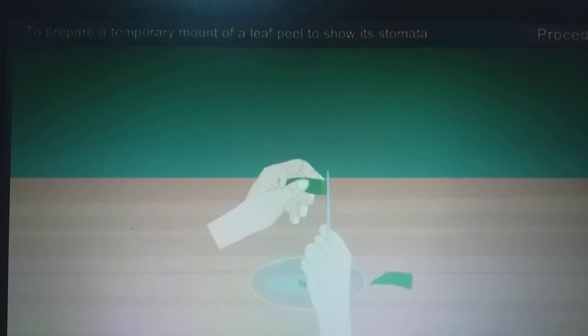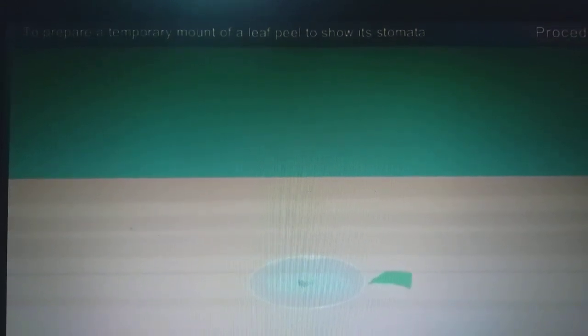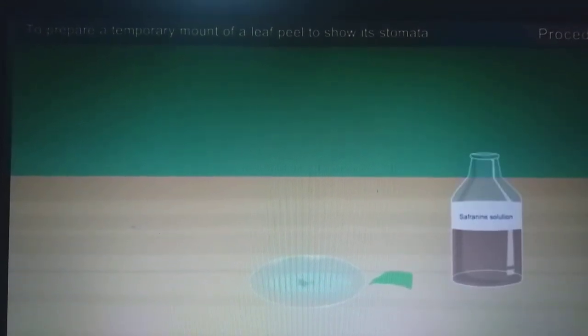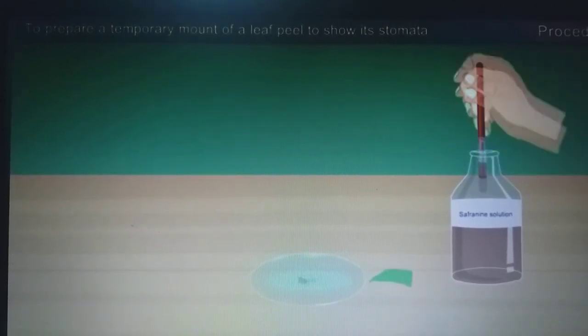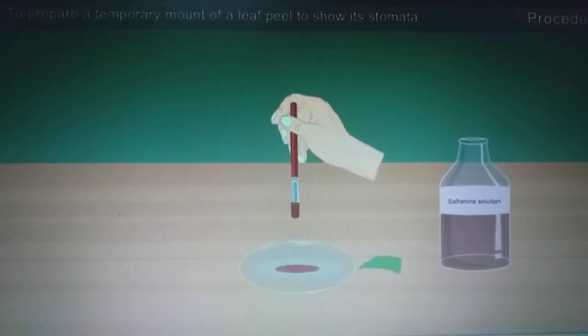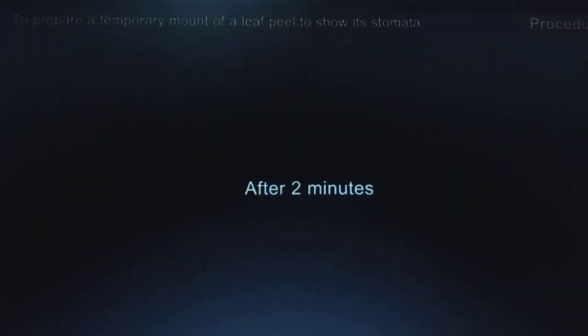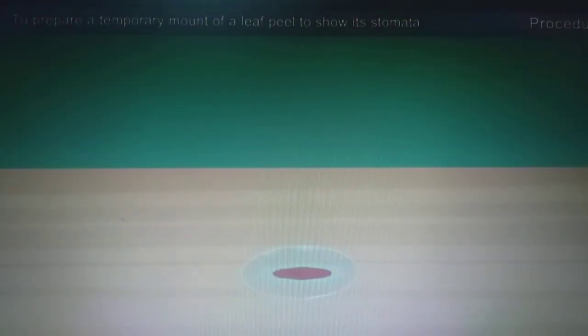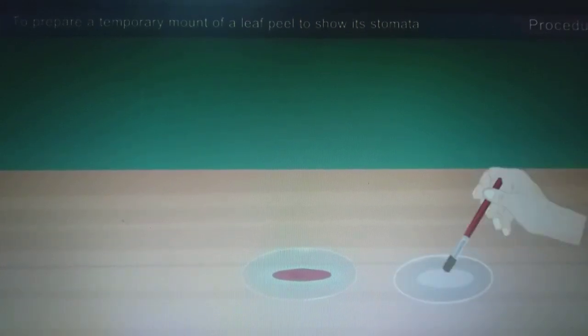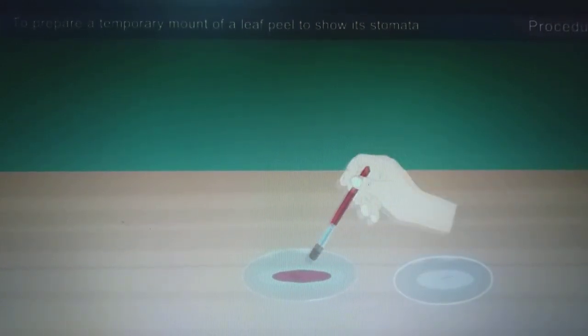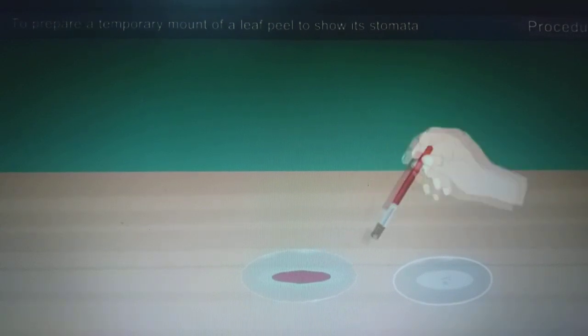Cut small pieces of the peel into watch glasses filled with water. Add a few drops of safranin into the watch glass to stain the leaf peel. After 2 minutes, place the stained peel into water in the watch glass again to wash off extra stain.